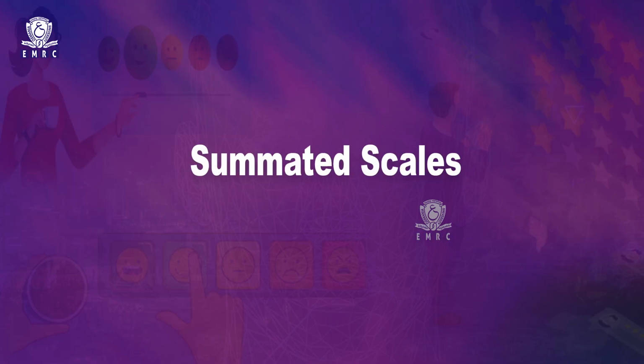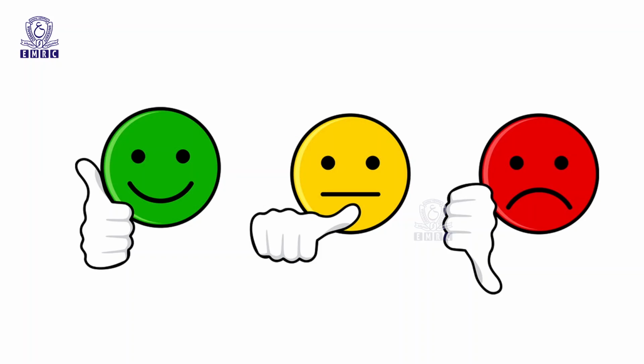In other scales, an individual indicates his agreement or disagreement with each item, and his total score is found by adding the subscores assigned to his responses to all the separate items in that scale. Such scales are sometimes called summated scales. In another type, the items form a cumulative series.